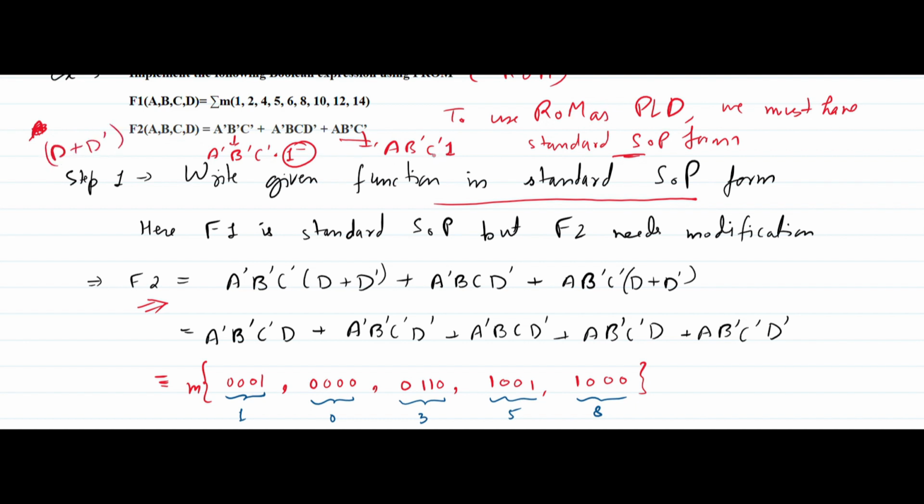So A dash B dash C dash multiplied by D plus D dash, and D plus D dash is representing 1. Similarly, this A dash B C D dash is already a standard min term, so no need to change it. Here it is A B dash C dash, D plus D dash, so it is also now standard, because I used this 1 as D plus D dash.